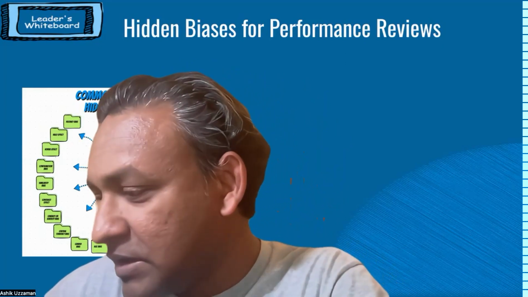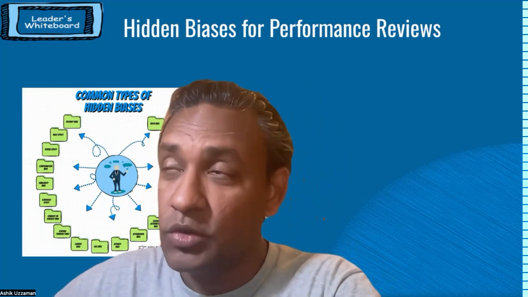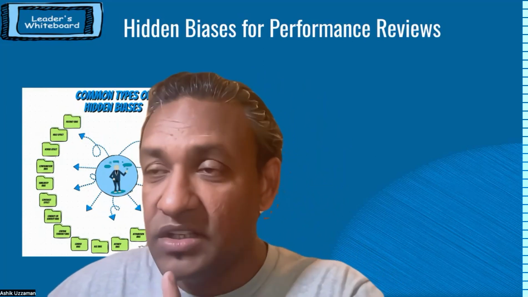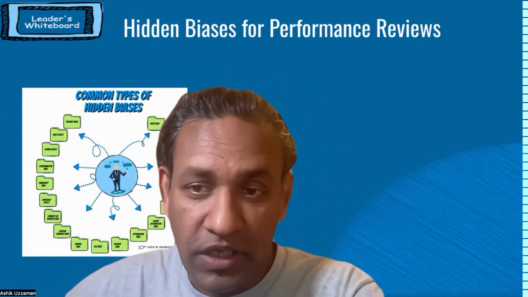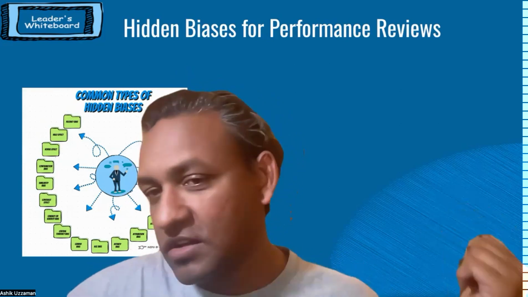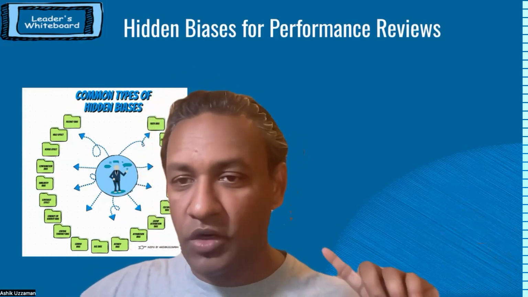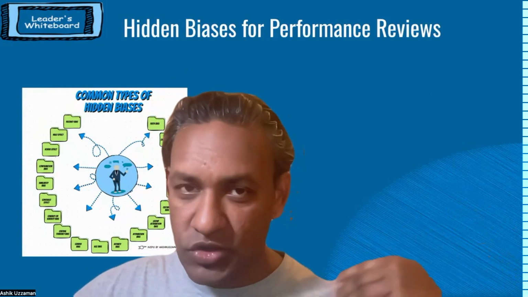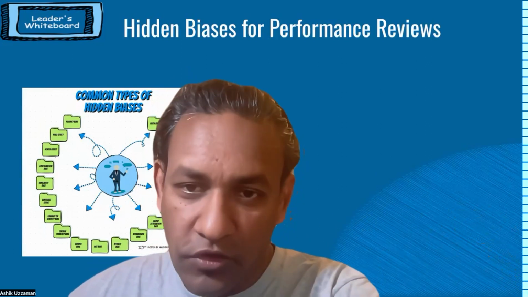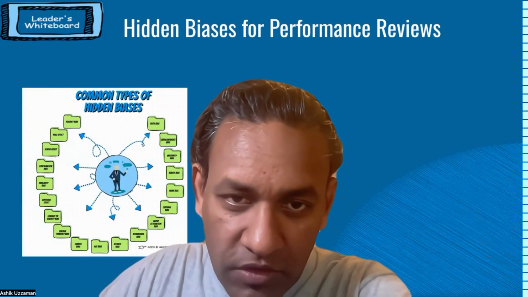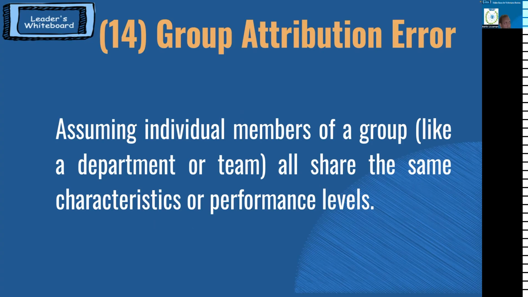These are attribution bias, where you don't focus on the right reason for the success or failure and evaluate based on that right reason. Instead, if you evaluate on a different factor, showing your attribution bias, that's not good for the performance review.